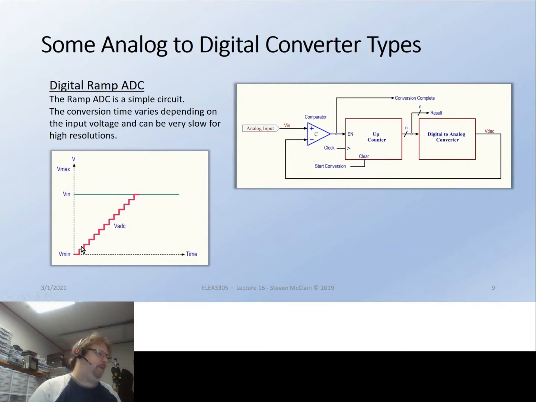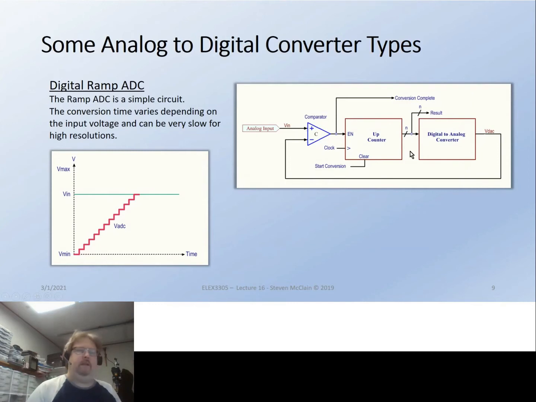We've stepped up, and we finally hit the voltage that we put in. And so now we're going to stop counting. So we disable the counter, and that becomes our signal that the conversion is complete. And if we want to read the results, we just read the number off of the output of the up counter, and that's our conversion.